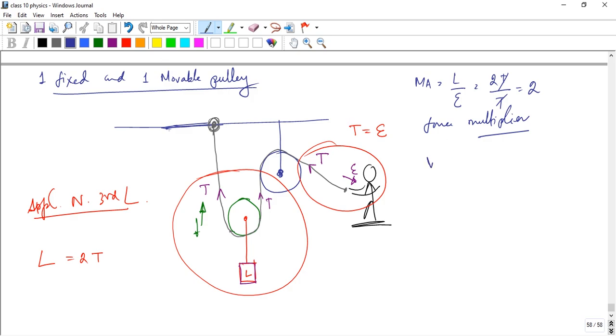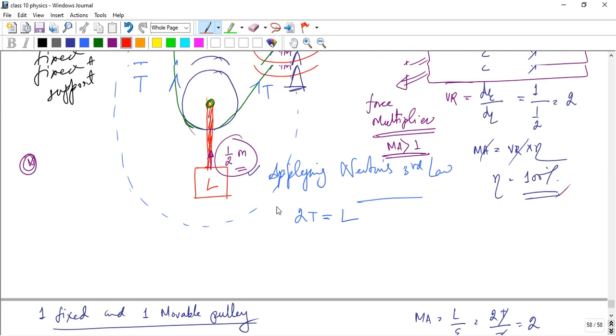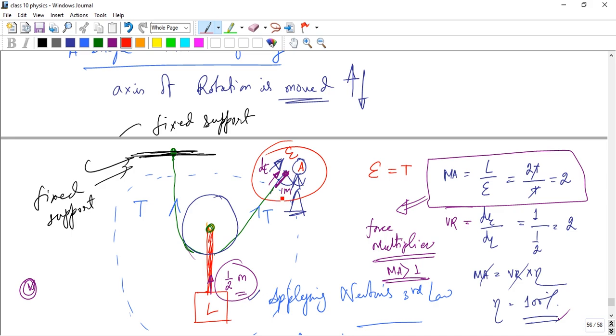And what is the velocity ratio? Very important point. See, if someone tries to pull the rope in that direction, as we told in the previous diagram, the effort displacement is 1, then the load moves upward or downward by half of that. What type of length is here?